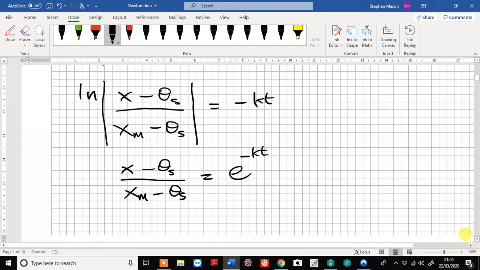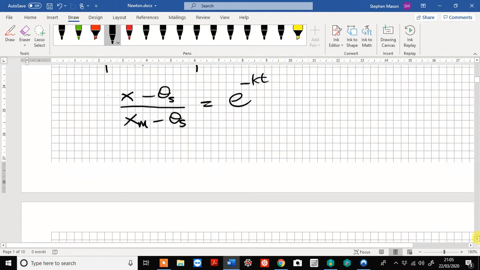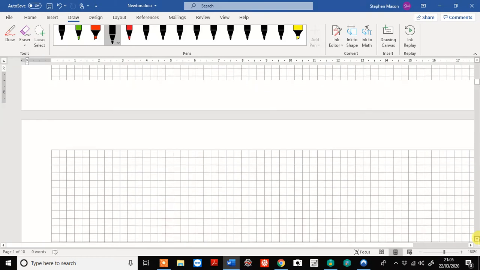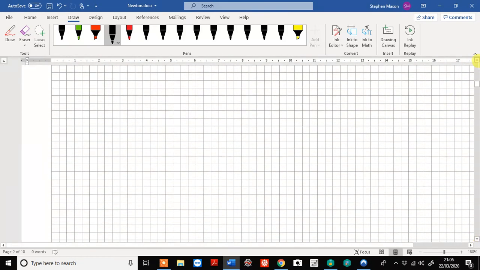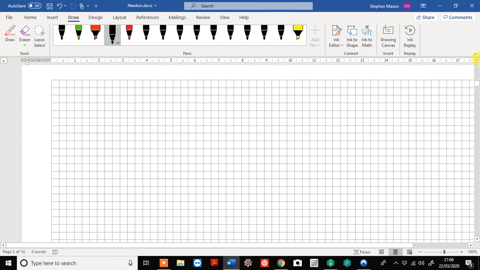Right. So, moving on to the next page, what we now have is x minus theta sub s equal to xm minus theta s, and we'll put brackets around that, e to the minus kt. So hopefully you can see what I've done there.